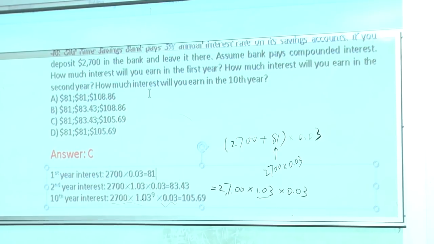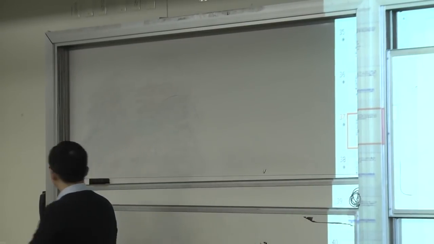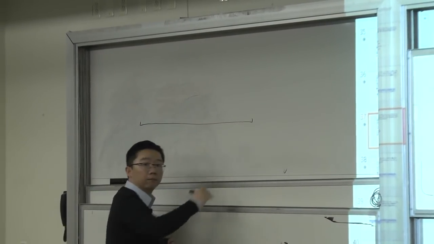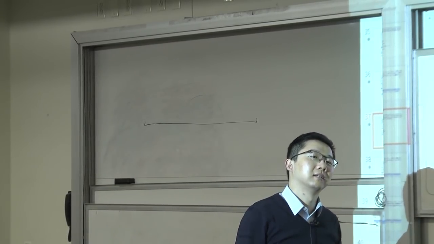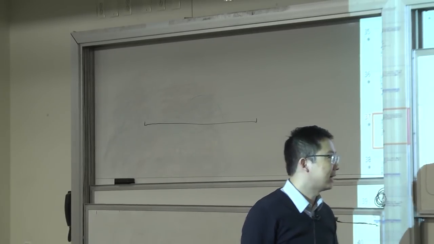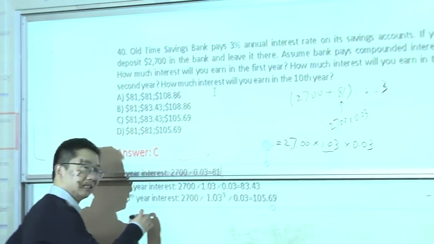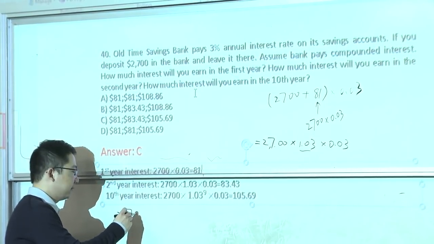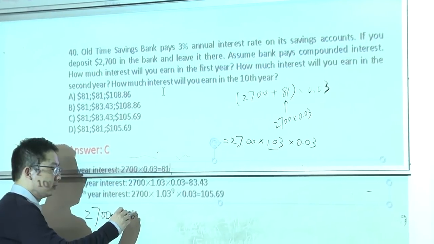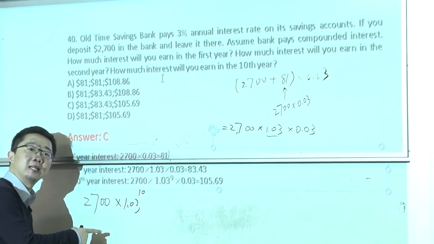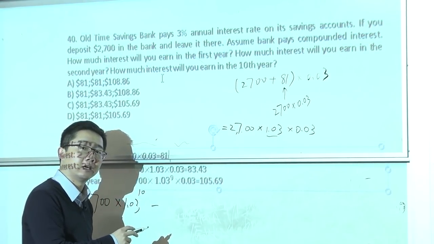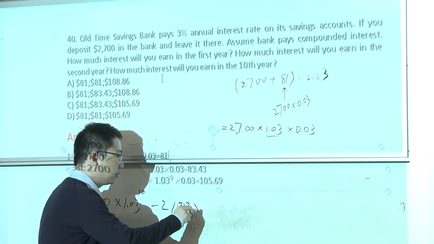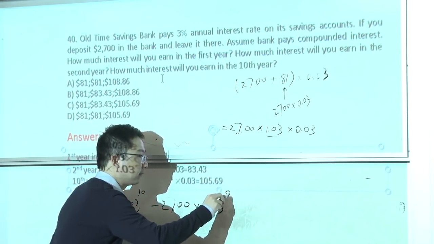Or we can draw a timeline again, right? So now we're calculating for the balance. We can also find the 10th year interest by subtracting the balance in 9 from the balance in 10. So how do we do that? That is 2,700 multiplied by 1.03 to the power of 10, the balance at the end of the 10th year, minus your balance at the end of the 9th year, 2,700 multiplied by 1.03 to the power of 9.